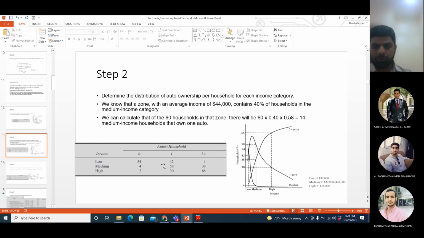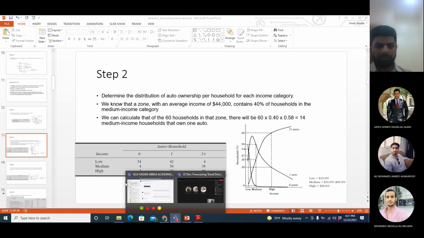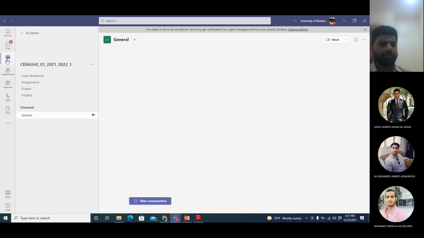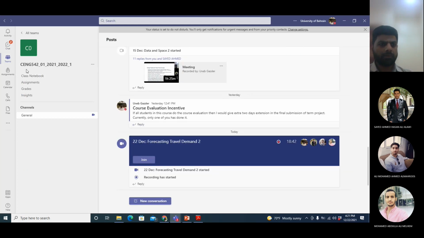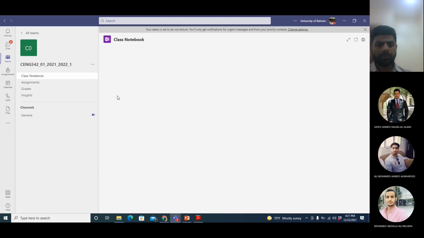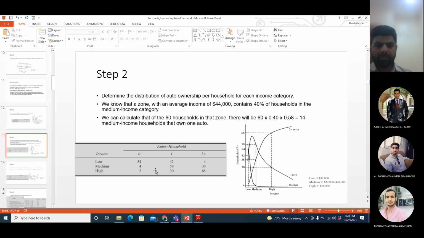For example, if I want to complete this matrix, let me go here. So have your calculators ready. What I'm trying to find out is the number of households which have low income 0 cars, low income 1 car, low income 2 plus cars, and so on and so forth.